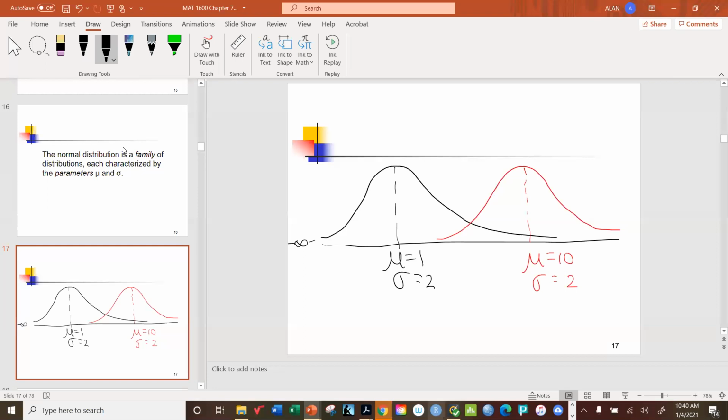We go all the way down to negative infinity and up to positive infinity. They both have the same standard deviation, which is why they have the same shape. The standard deviation determines the shape, which you'll see in a minute with another example. The mean represents the position or location along the real number line. So any two normal distributions with the same standard deviation but different means will have the exact same shape, but they will be located at different positions along that real number line.